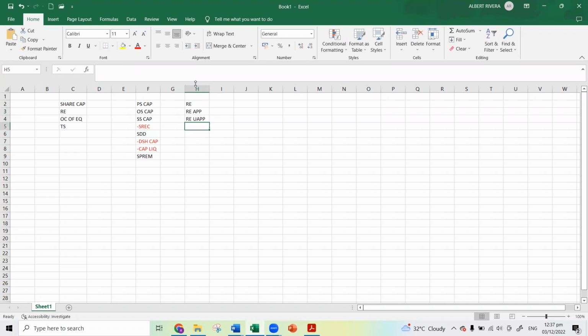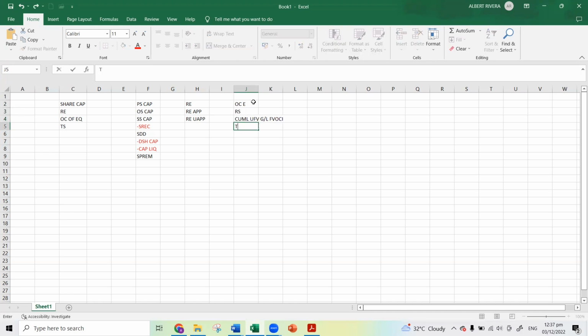Then we have the other components of equity. The other components of equity include your revaluation surplus, the cumulative unrealized fair value gains and losses on FVOCI securities, which we already discussed.